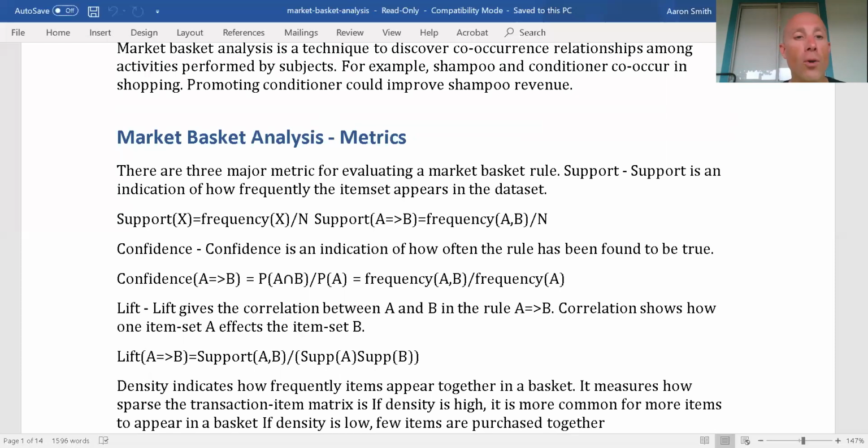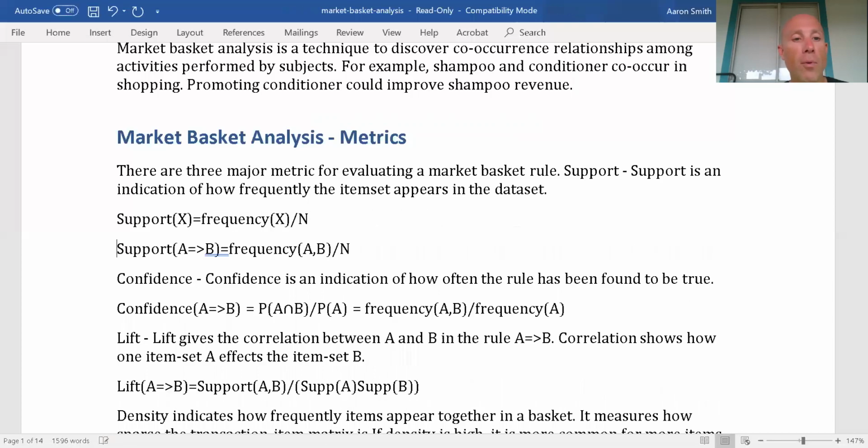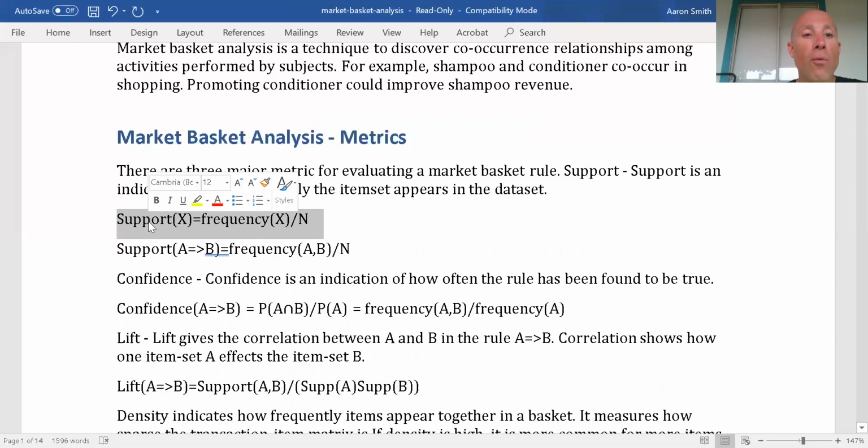So support is equal to the frequency that we observe the items coming together, divided by the number of baskets N that we look at. The support of A implies B is the frequency of A and B appearing together divided by N. The difference is that support for one item is just the frequency of that one item appearing in a basket divided by the number of baskets.